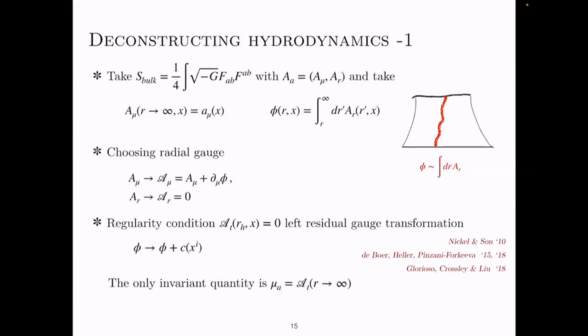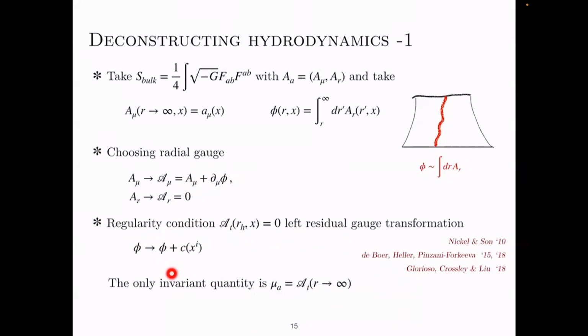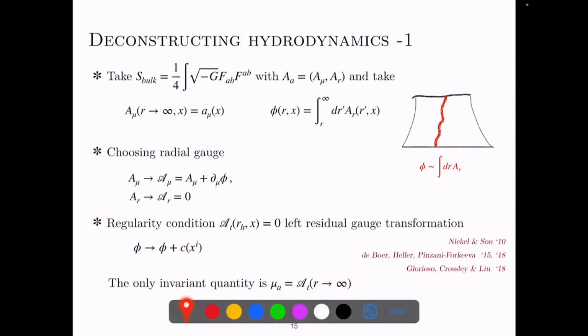You can see that by choosing the radial gauge, you combine things in this way, and you can demand the regularity condition of the time component at the horizon to be 0, and you are left with the following residual gauge transformation, shifting this phi operator. And the only operator that is invariant at 0 derivative in this setup is mu, which is the A_t at r to infinity.